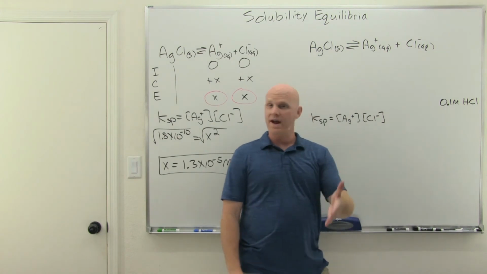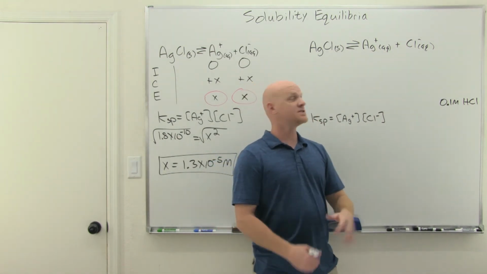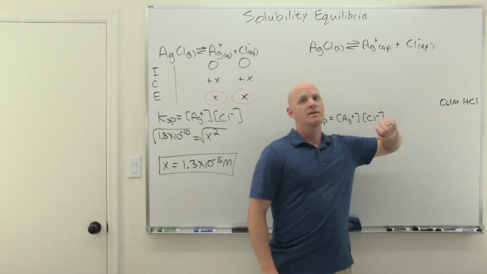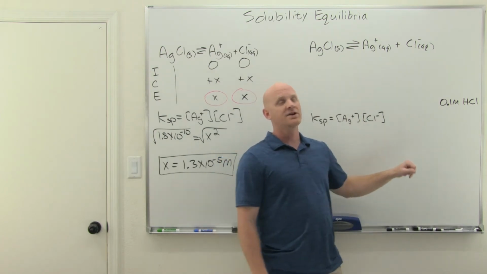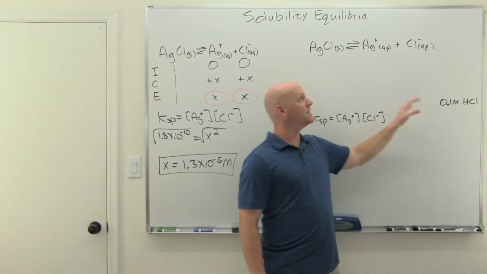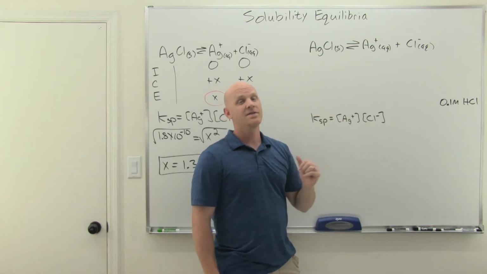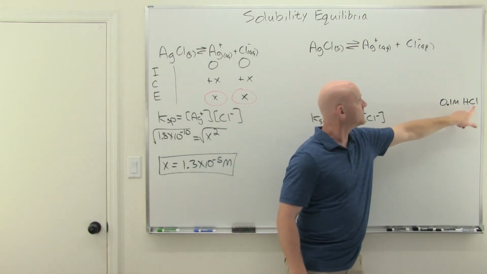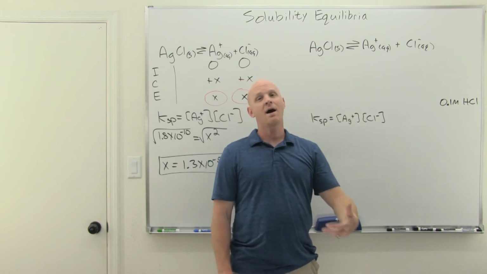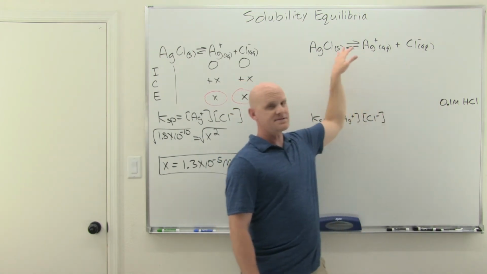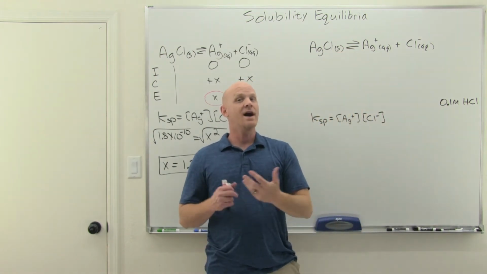Notice HCl is a strong acid, a type of strong electrolyte, so it's going to dissociate completely in water. And they're going to give you a strong electrolyte that has something in common with your ionic compound of interest. In this case, what they have in common is the chloride. We call that a common ion to these two substances. And this is what's called the common ion effect.